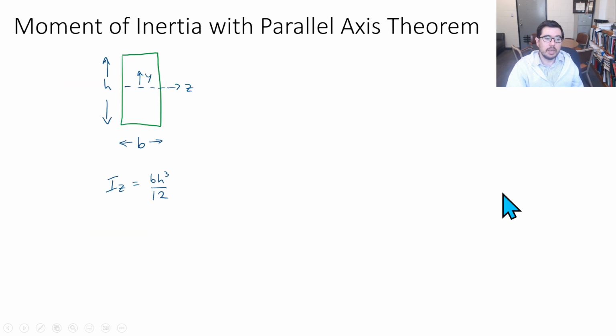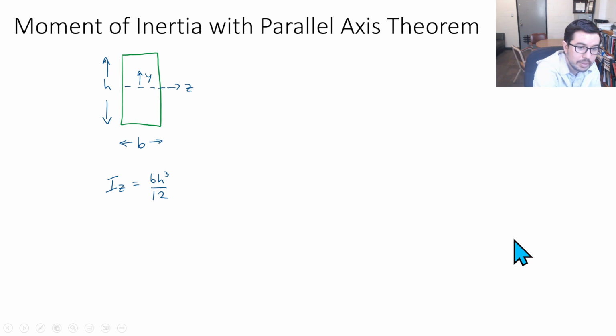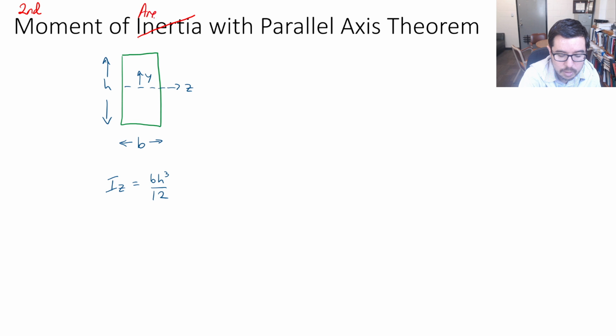Okay, let's now go back and discuss moments of inertia in more detail. Really, I should say these are moments of area, or second moment of area. There is a little bit of a difference here.